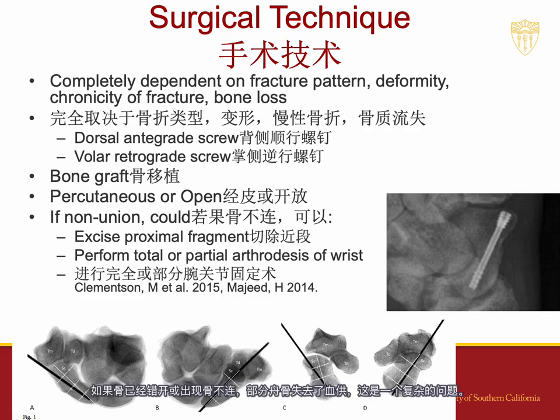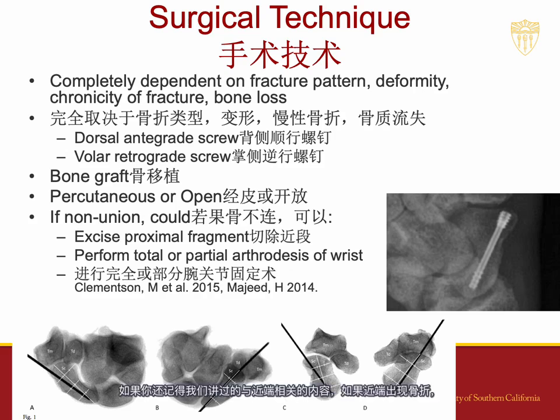So again, if there was some sort of necrosis already or a non-union and parts of the scaphoid have lost blood flow, this is a complication and a problem, then they may have to do a bone graft. They may even get rid of certain parts.